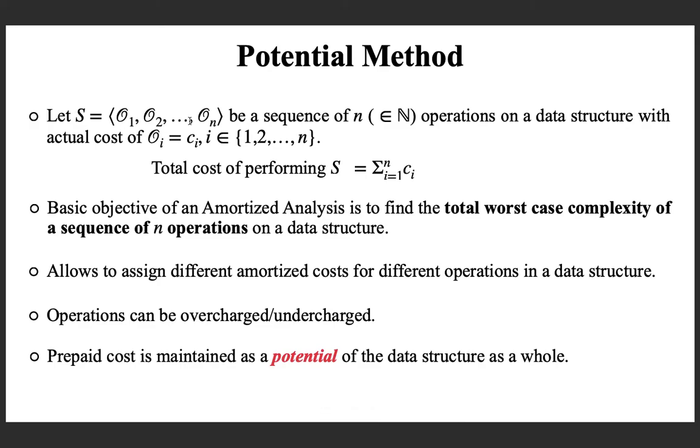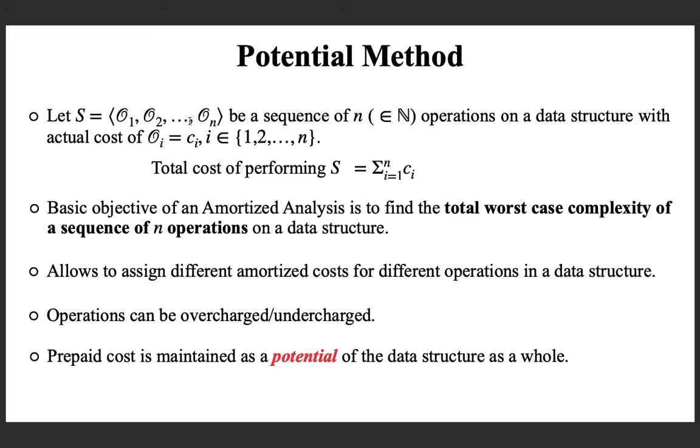And the prepaid cost in this case is maintained as a potential of the data structure as a whole, and that is why the method is called the potential method.